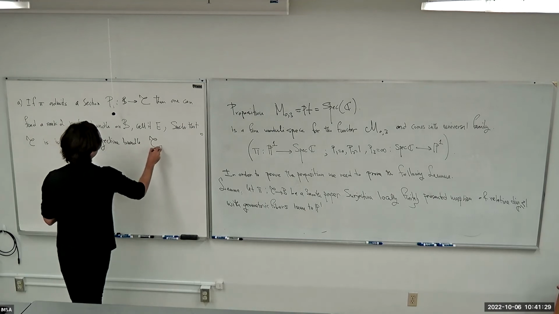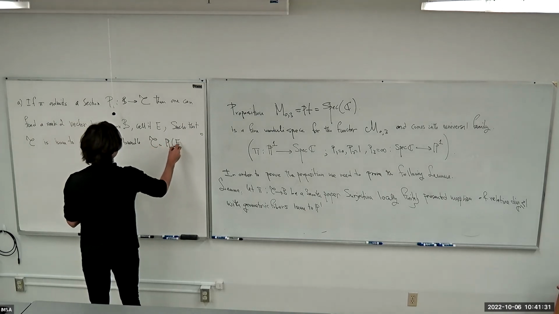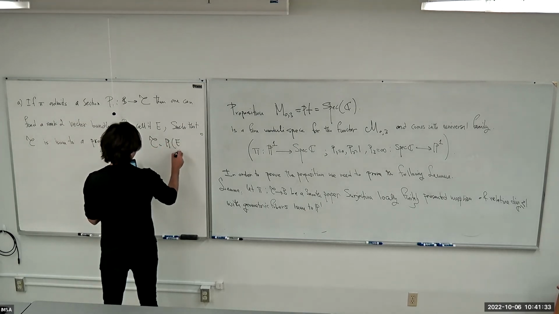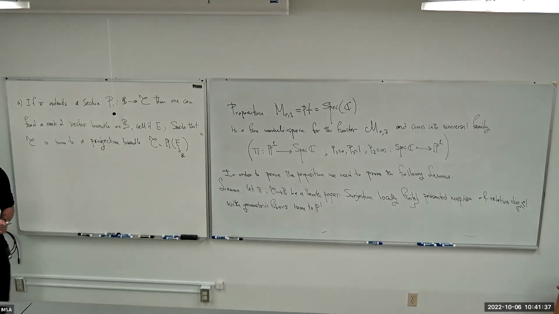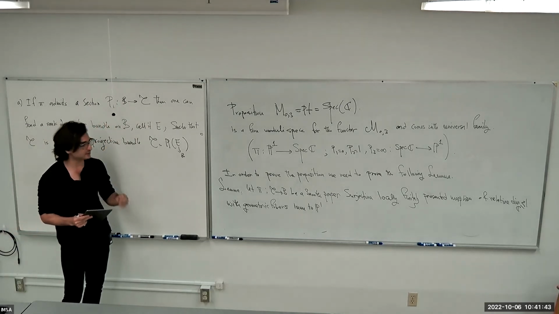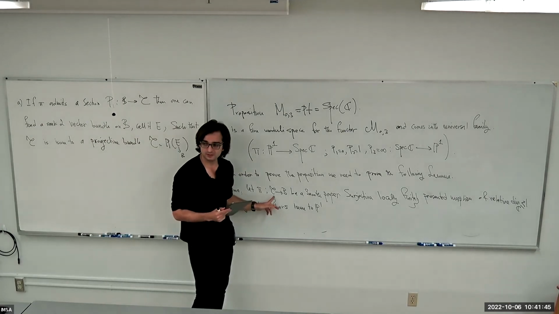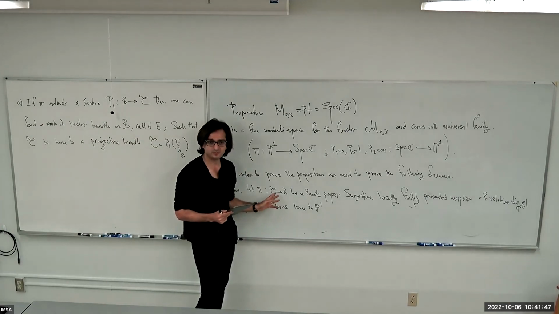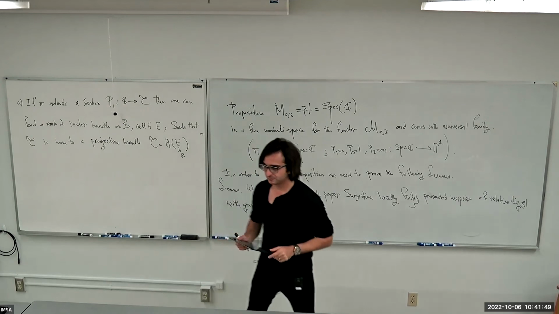So C is the projectivization of this vector bundle E over B. As soon as you have one section, you can realize C, the total space of the family, as a projectivization of a rank 2 bundle.